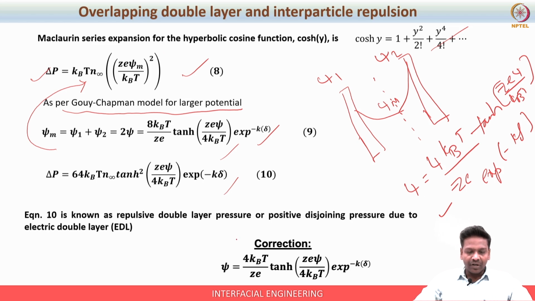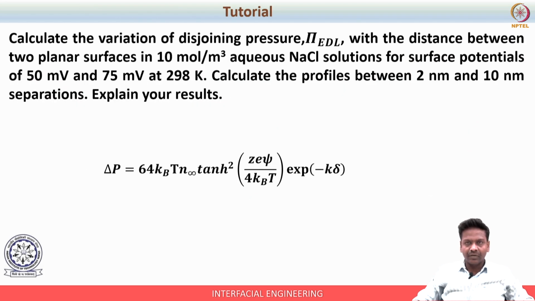So equation number 10 is nothing but the repulsive double layer pressure, or positive disjoining pressure due to the electrical double layer. Okay, all right, so this is what we have.